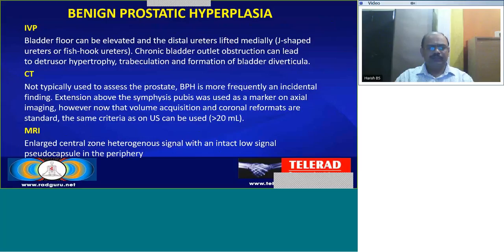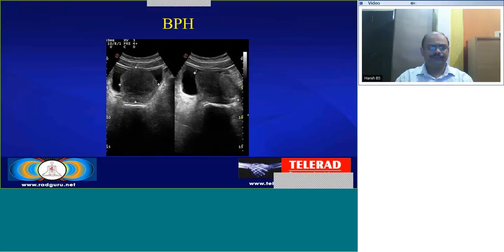Then there will be additional findings of chronic bladder outflow obstruction, leading to detrusor hypertrophy, trabeculation, and formation of diverticula. CT is typically not used to assess the prostate, and BPH is more frequently an incidental finding. MRI demonstrates the enlarged central zone, which demonstrates heterogeneous signal with an intact low signal pseudocapsule in the periphery.